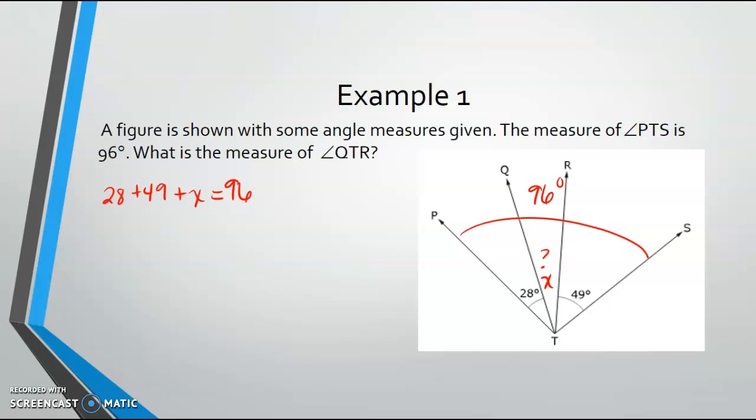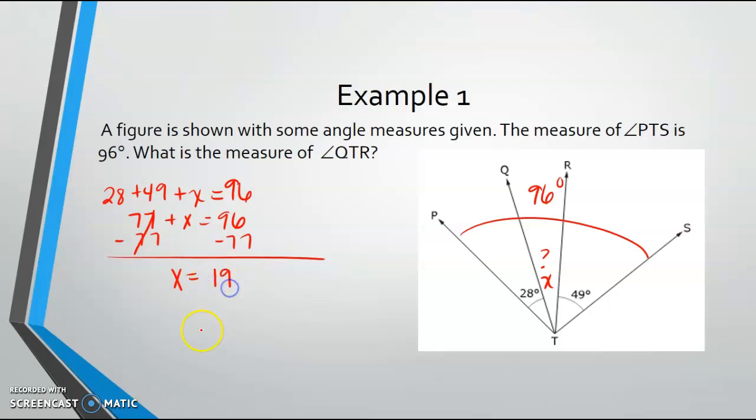From here, I'm going to combine like terms, so that'd be 28 plus 49, which is 77. So I have 77 plus x equals 96. Now, to get x by itself, I've got to move the 77 to the other side, so I'm going to subtract 77 from both sides.